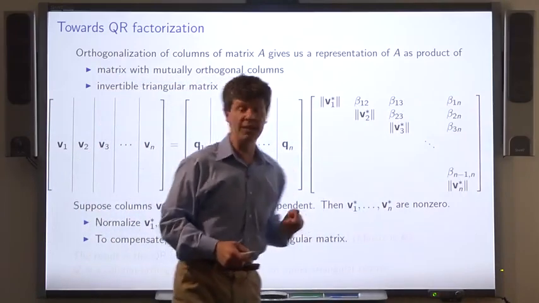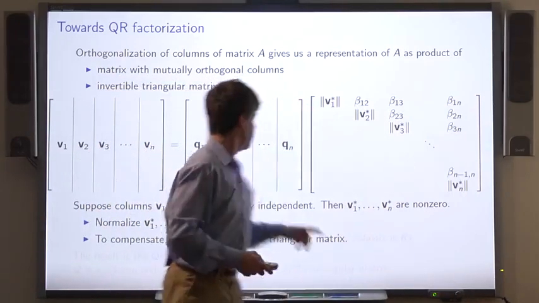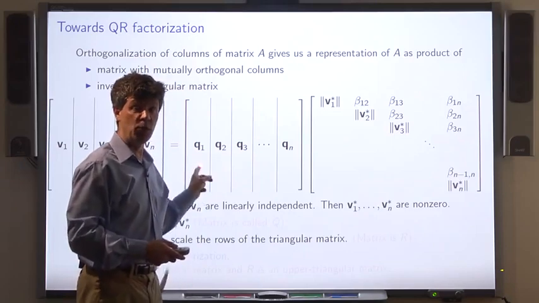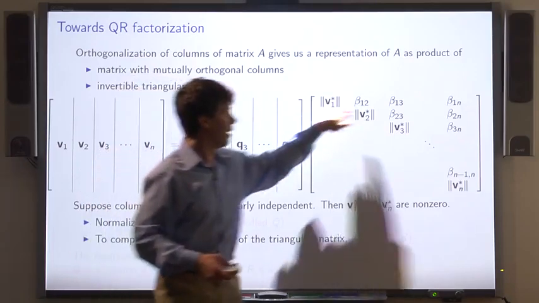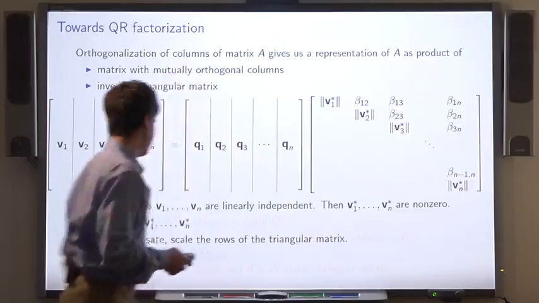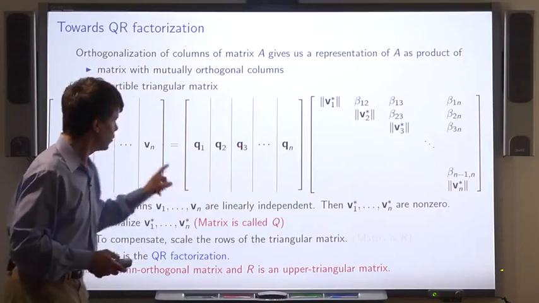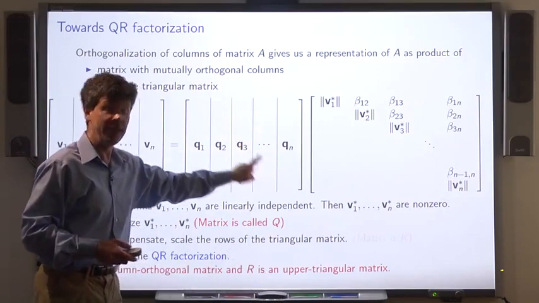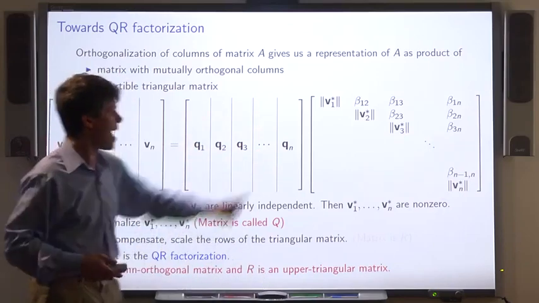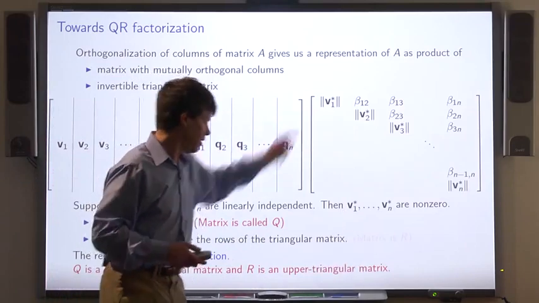Instead of ones along the diagonal, it has the norms of the vectors v1 star through vn star. And the other entries are modified as well. This is called the QR factorization of the matrix formed by the original vectors v1 through vn. In this case, the matrix whose columns are q1 through qn is called Q, and the upper triangular matrix is called R.